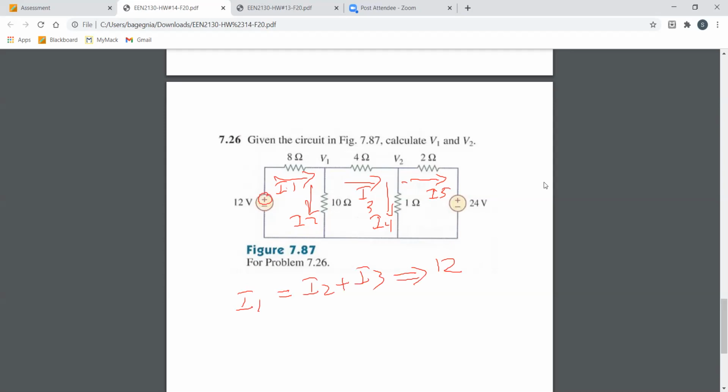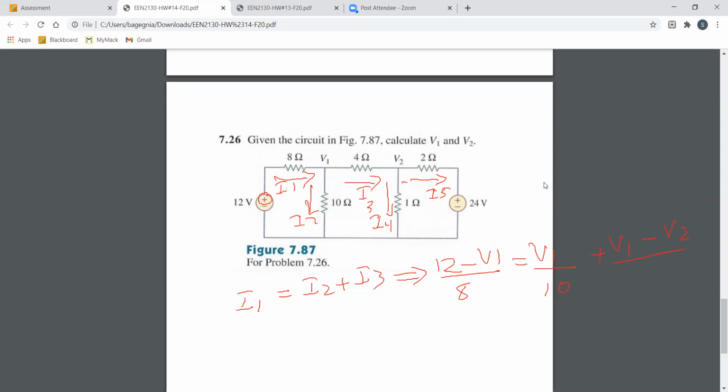If it's a negative, then it will be negative 12 minus V1 over 8 equals I2 goes from V1 to the ground, so we don't need to write down the 0, over 10 plus I3 goes from V1 to where? Okay, you have to finish.